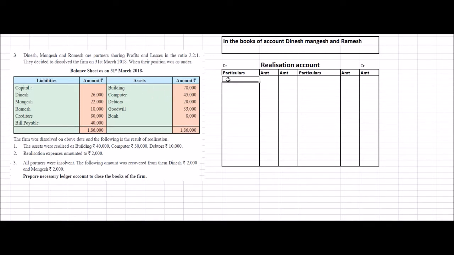Building amount is 70,000 rupees. Next they have computer, which is also an asset for them, and the amount is 45,000 rupees.